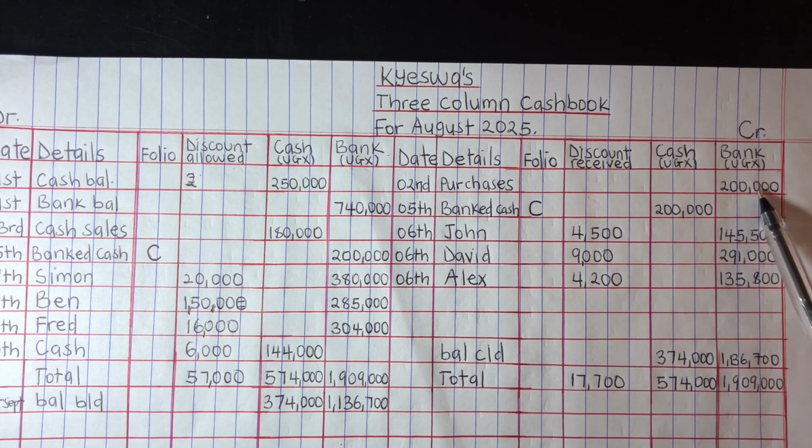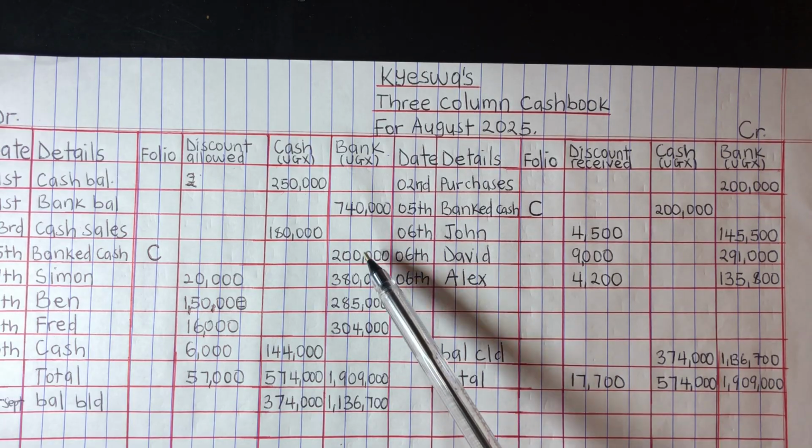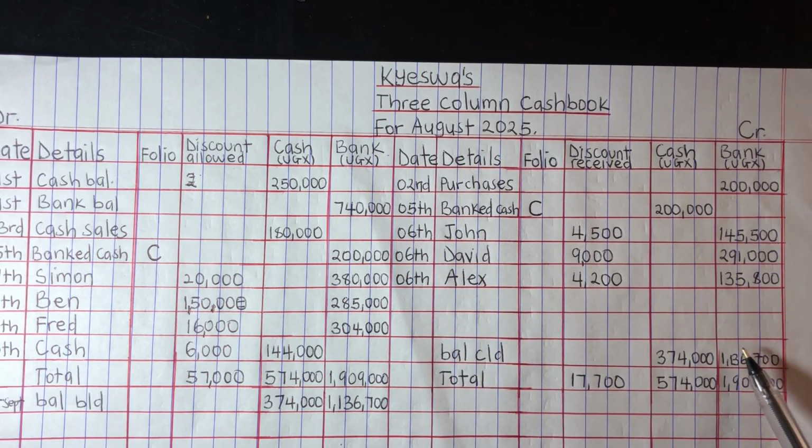So we subtract the smallest total from the bigger total, and we get the difference, which is 1,136,700. So this becomes balance carried down on the credit side, which is the smaller side, and then it is also transferred as balance brought down on the side that had the bigger total. So this is recorded as balance brought down on the debit side.